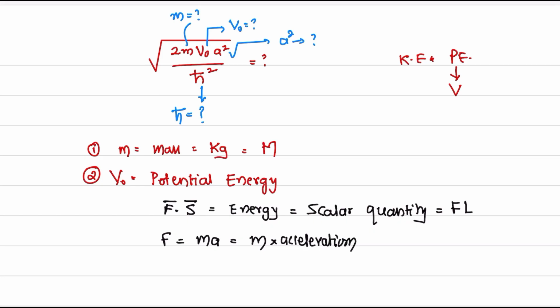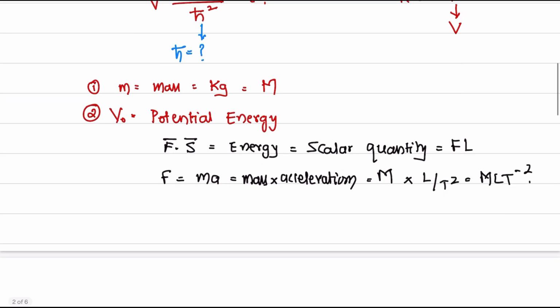Meter per second square. That is M into L by T square. This M should be capital M, because when we are dealing with dimensions, we should write capital letters. When we are describing a definition, let it be like this. So F is M L T to the power of minus 2.